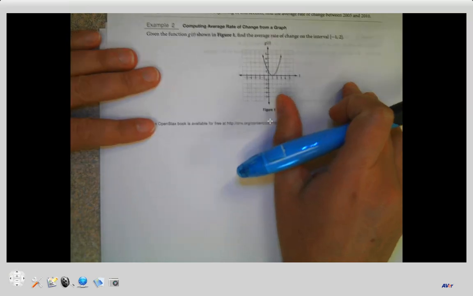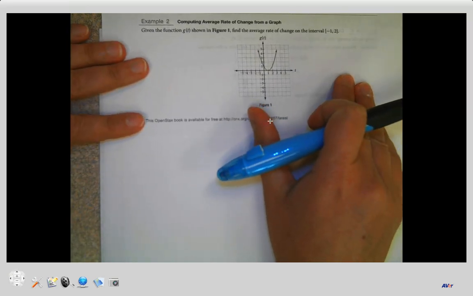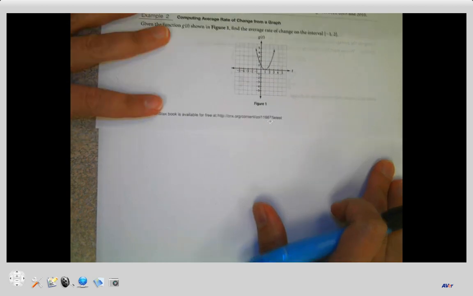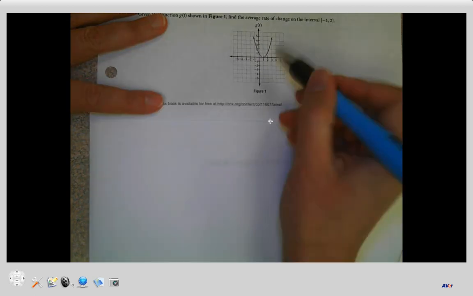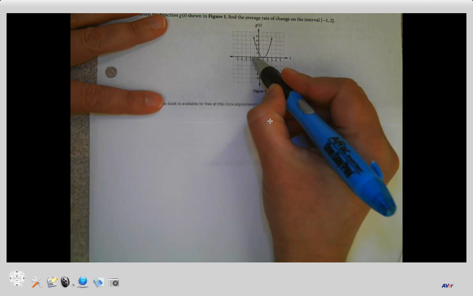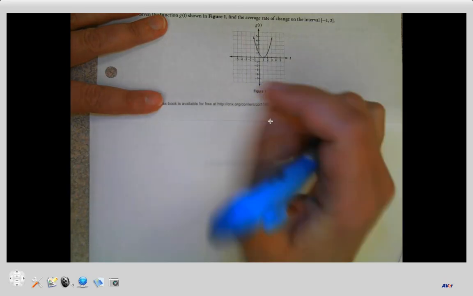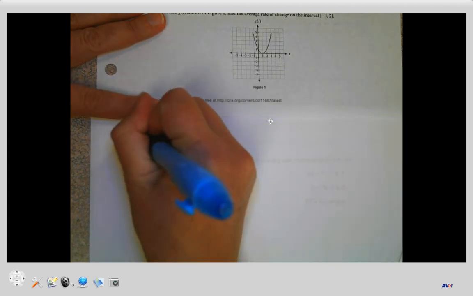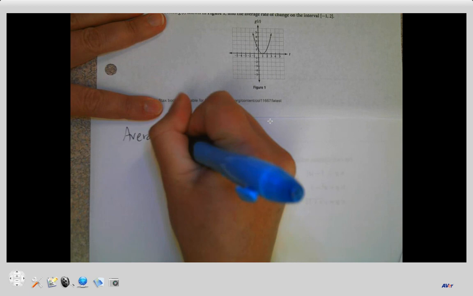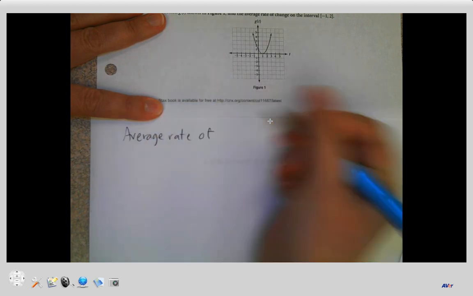So here's the problem. Let's find the average rate of change for this graph. We're going from -1 right here to 2. Okay, so our average rate of change, let's think about our equation.